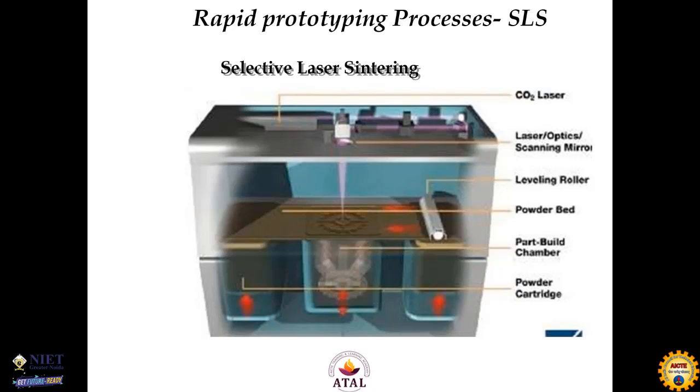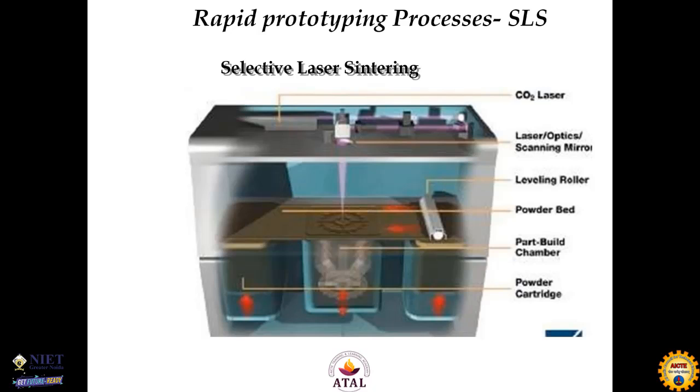Laser power is very essential. We have to select the laser power according to the material property. The laser power will not melt the powder because the sintering process always happens below the melting point of that powder. It should not be too low either, meaning the laser power must be sufficient to carry out the sintering.